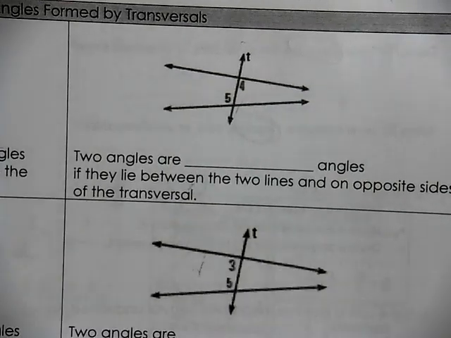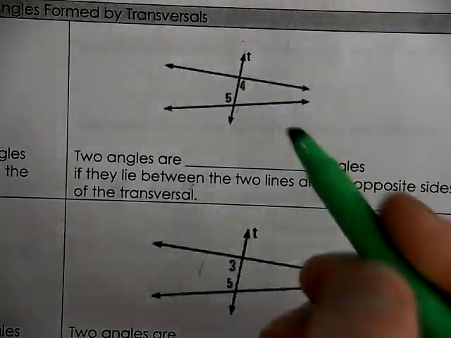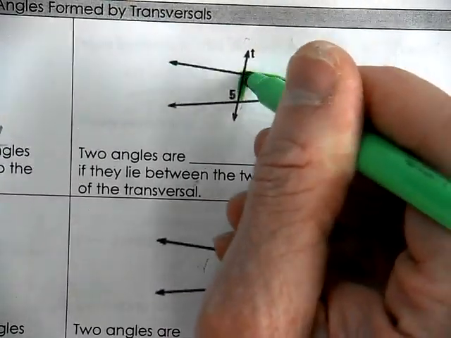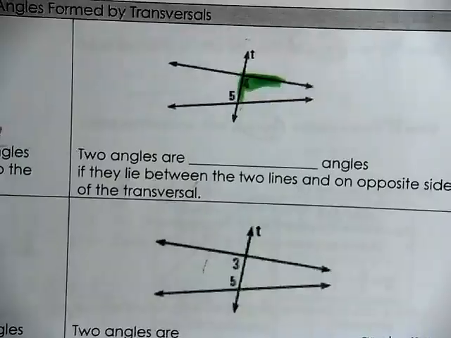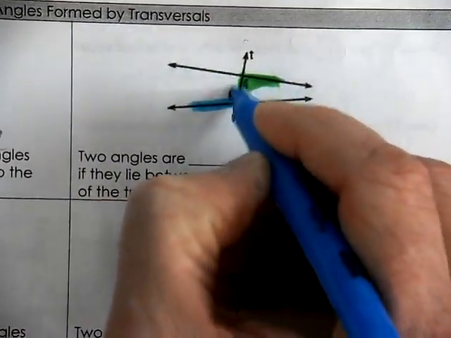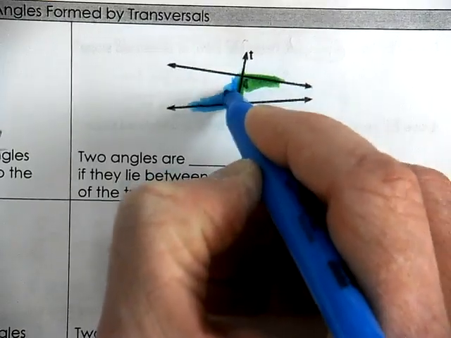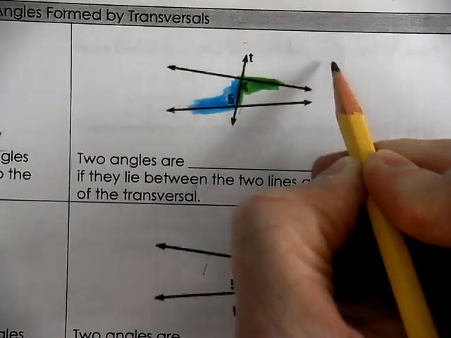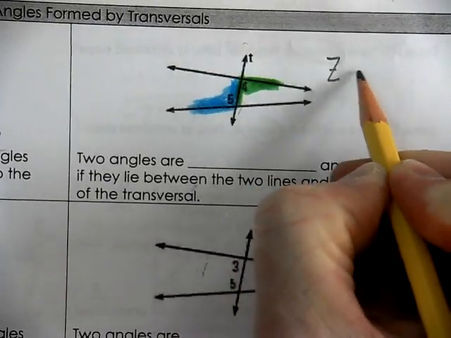Look at these angles. If I trace out angle 4, and if I trace out angle 5, what shape did I just make? What letter? A Z shape.